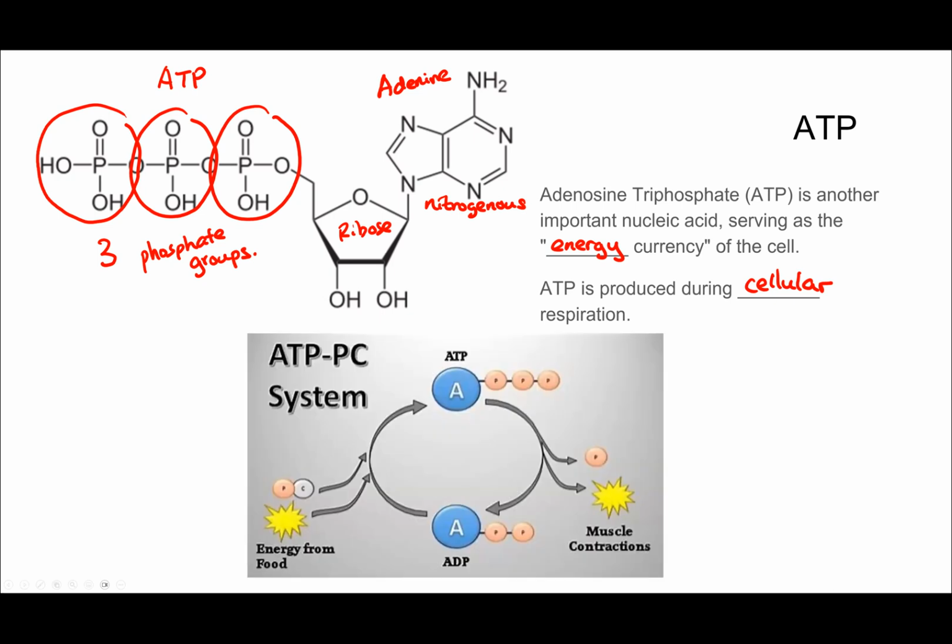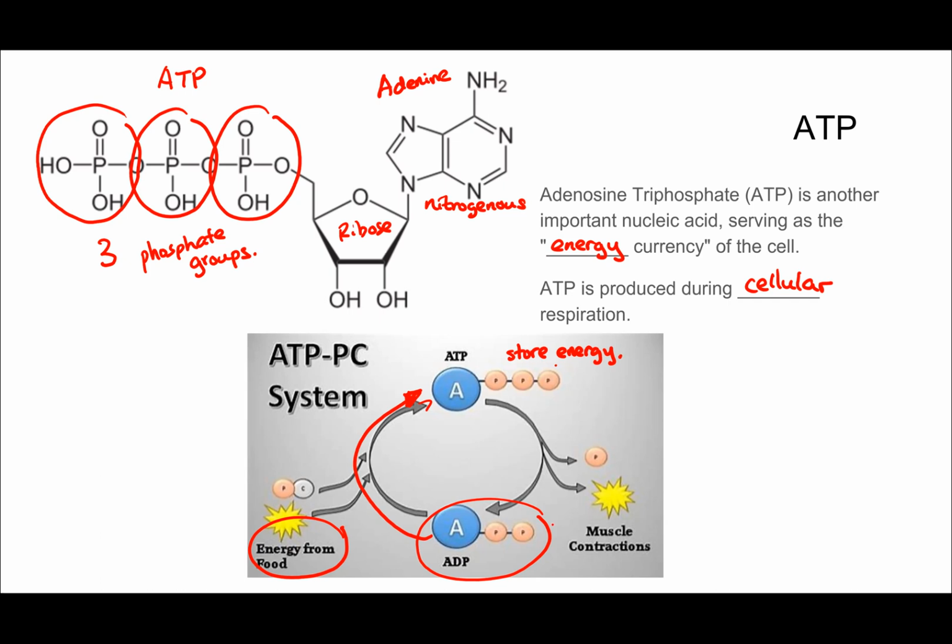So if we have food, that energy from food is being extracted and it will be stored in the form of ATP from ADP. So you can think of ADP as being converted into ATP by adding this 3rd phosphate group here in order to store energy. As a result, now ATP can be used to power up your cell.